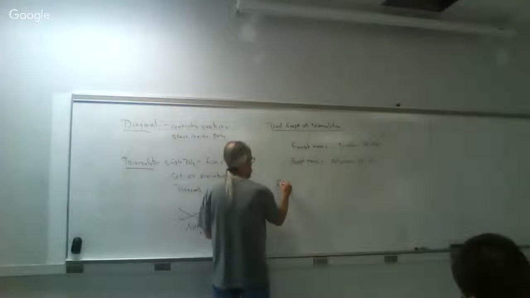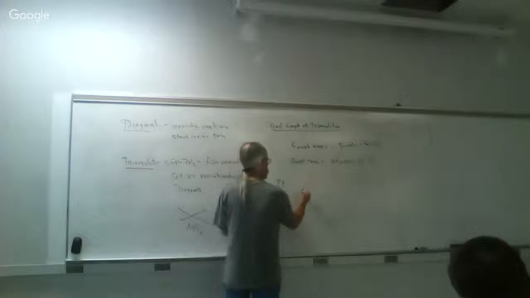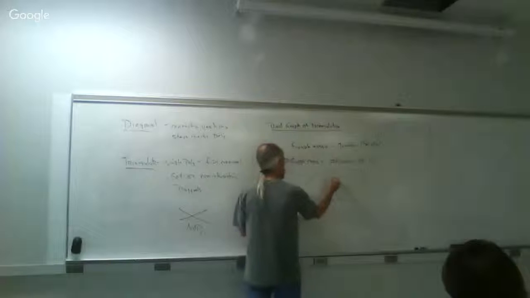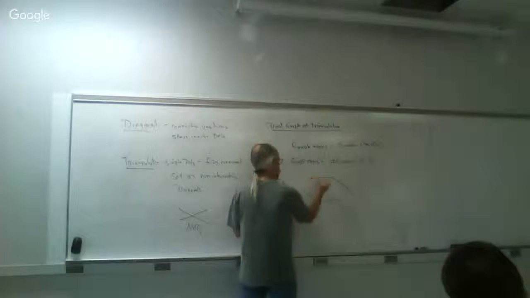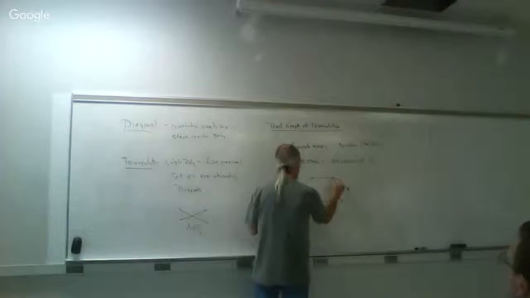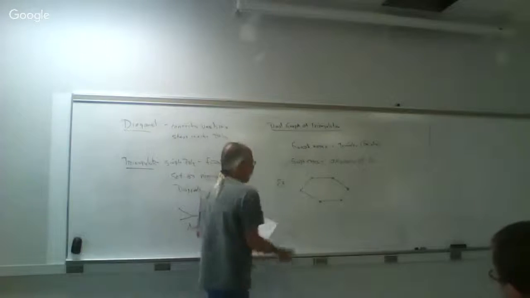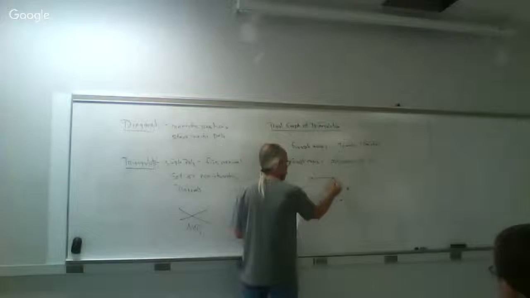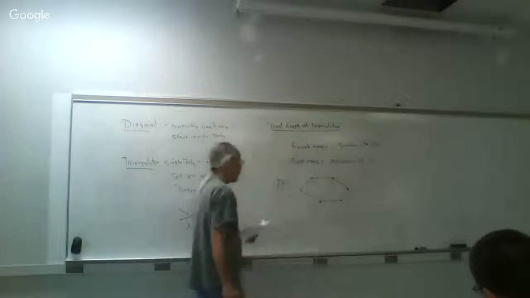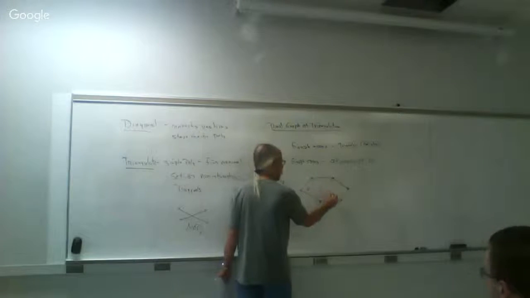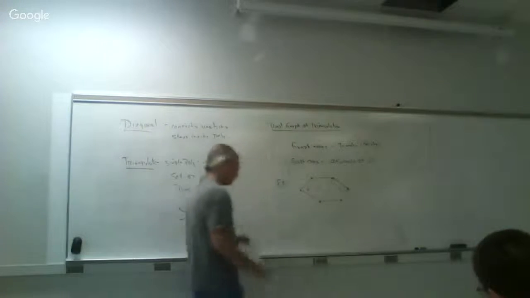So for example, I've got a sort of hexagon-shaped drawing. These are the vertices of it, and I'll triangulate this like this. It doesn't matter how you do it. Then I'll label my regions.